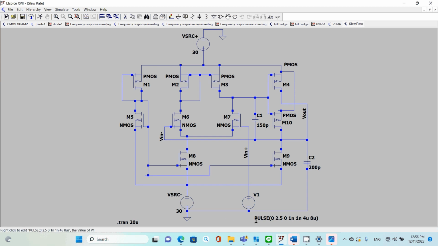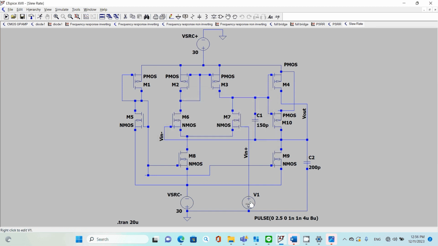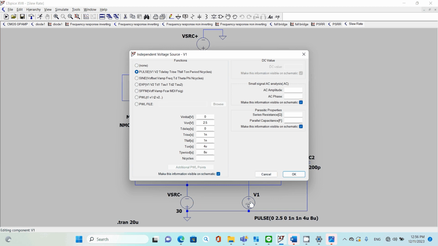And for the V pulse setup, let's get the cursor to the input. For the pulse setup, you put the V initial to be 0 here, V on or amplitude to be 2.5 volts, and T delay, you just close the circuit right away, so we don't have delay time.